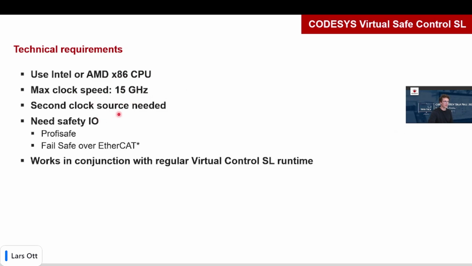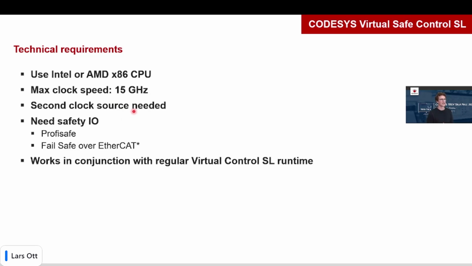And then the other requirement is you need a second clock source. That second clock source has the background that there are safety timeouts. So if you haven't gotten a message within 100 milliseconds, for example, you go into safe state. And if the clock in your main computer would stop ticking, you wouldn't notice that 100 milliseconds have passed.